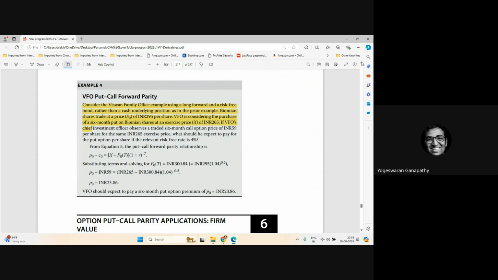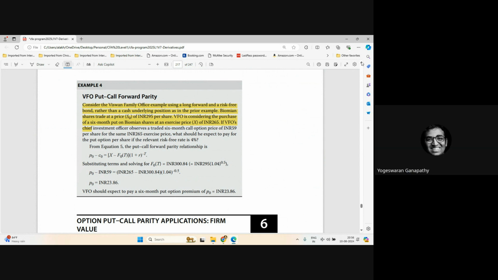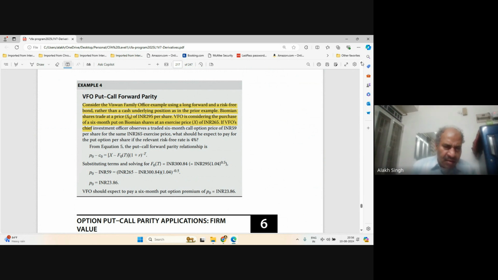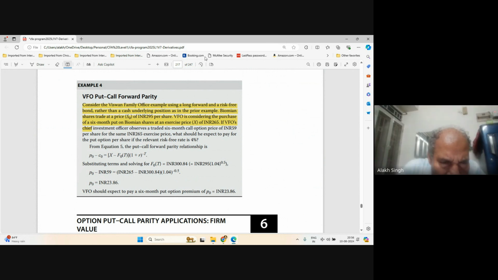So there is a difference between X and F0 of T. Well, it is not actually; this F0T can be X also. It is telling us, using a long forward and discrete bond rather than a cash underlying position.